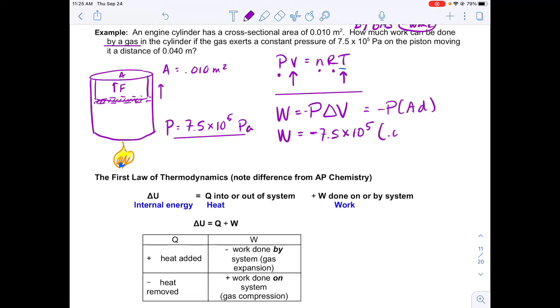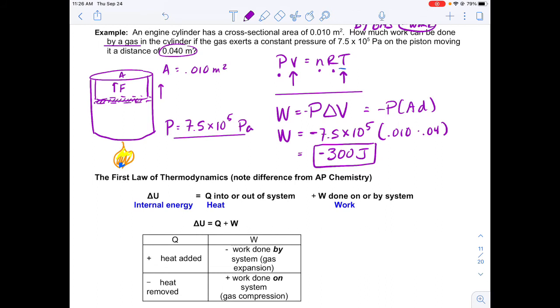So that is 0.010 times the distance, which was 0.04. So I really just need to multiply this out. So that would be negative 300 joules.